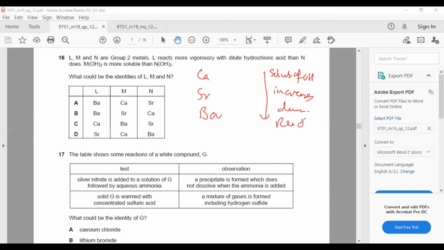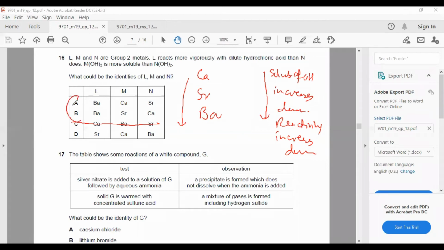Reactivity increases down the group. L is more reactive and reacts vigorously, so L cannot be calcium. L will be barium because barium is the most reactive.